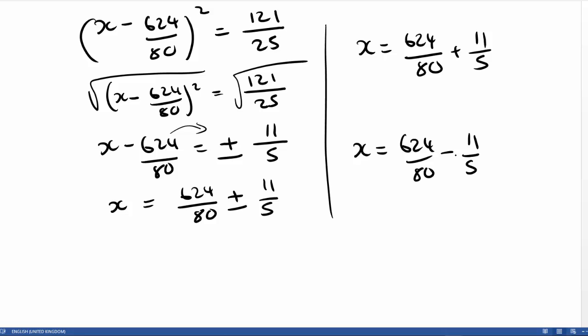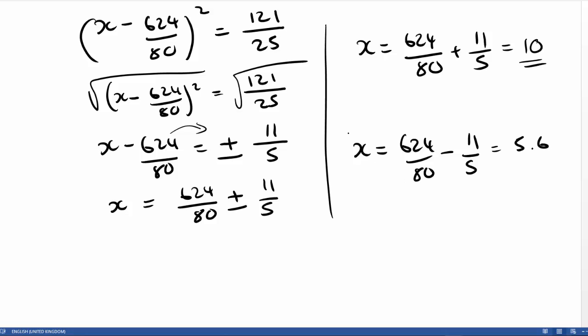So in your calculator, just put these values in, and then we should populate a specific answer. So let's do the plus part. I'm going to 11 over 5. That gives us a nice whole number of 10. I like that. Let's do the last one here underneath. We're going to do 624 over 80 minus 11 over 5. And that gives us, obviously, 5.6.